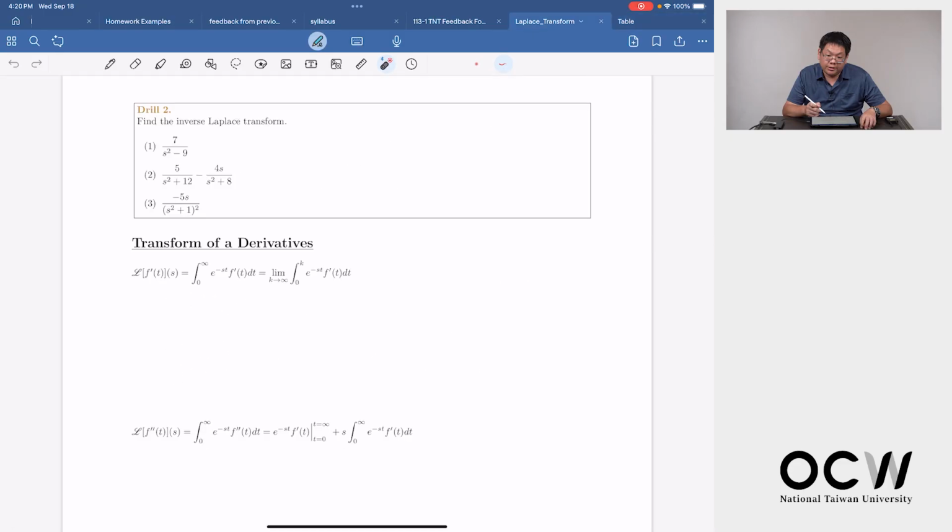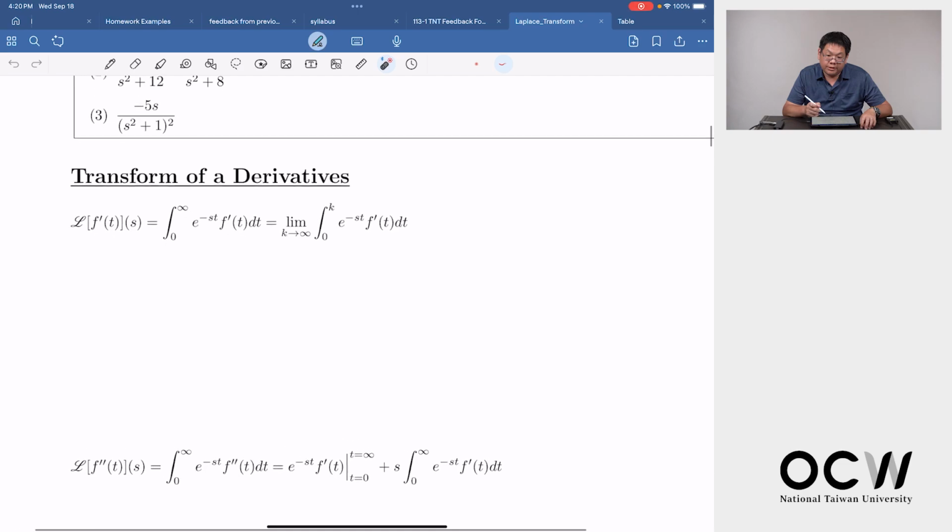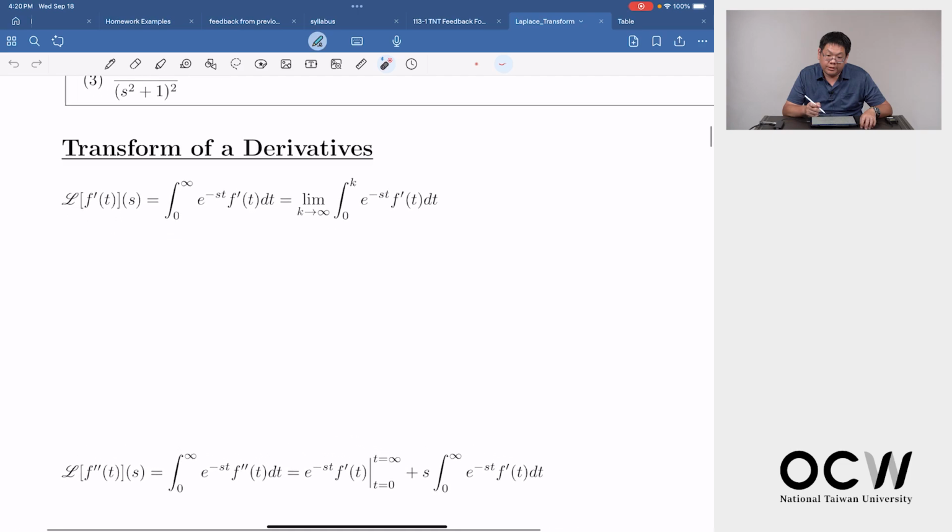So now let's see. First, we want to find the transform of a first derivative of the function. So again, since this is still a function, think about this as a function. By the definition of the Laplace transform, we have e to the minus st times f prime.